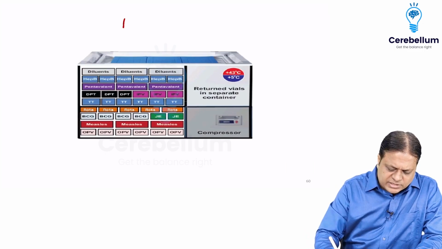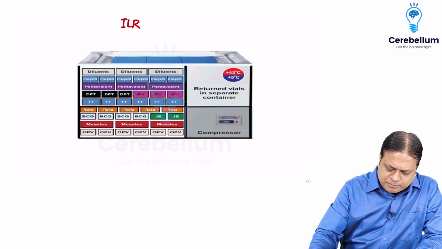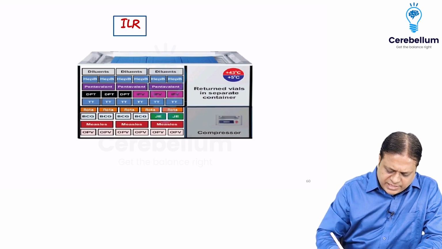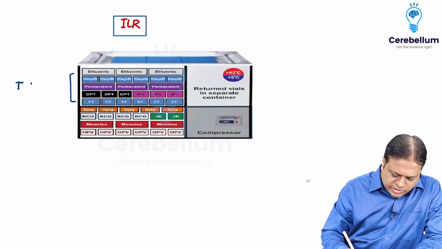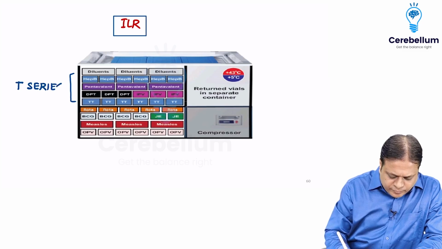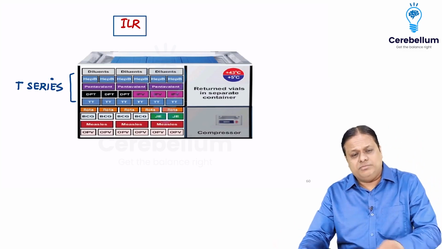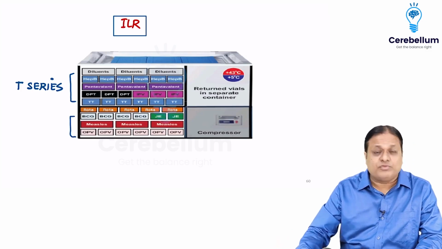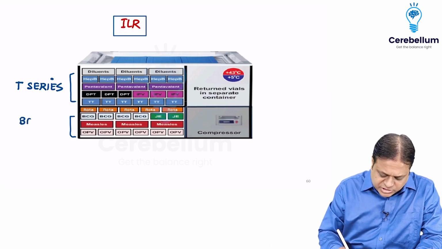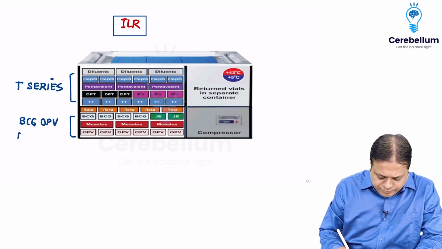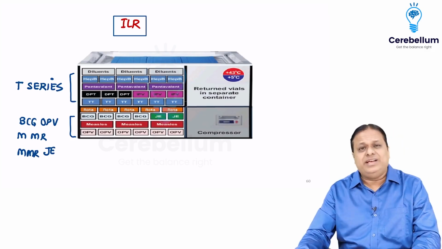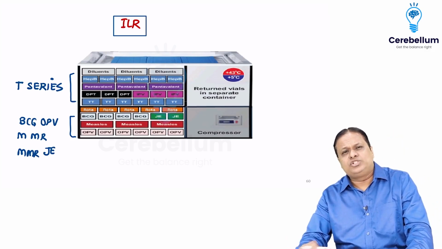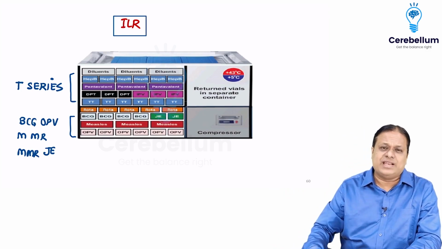So when we look at ice-lined refrigerator kept at a primary health center in our country, we realize that upper part where temperature is closer to +6, +7, +8 degrees centigrade, we store T series of vaccines which are more thermostable, whereas the bottom part is meant for more thermolabile vaccines like BCG, OPV, measles, MR, MMR, Japanese encephalitis vaccine, etc. Diluent should be kept towards the top of the ice-lined refrigerator.